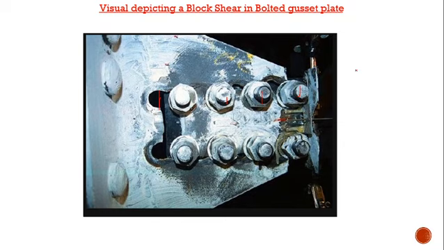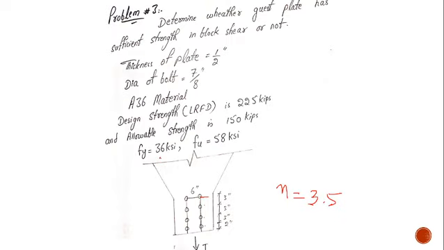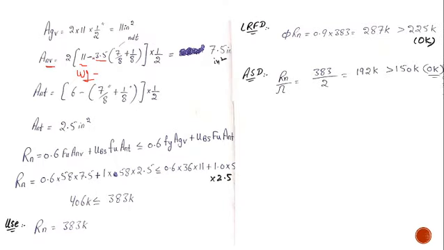As a result, I have used 3.5. Similarly, when I'll be calculating the net area in tension, you should know that this half bolt and half bolt will be used. Finally, I have calculated this 7.5 square inches.